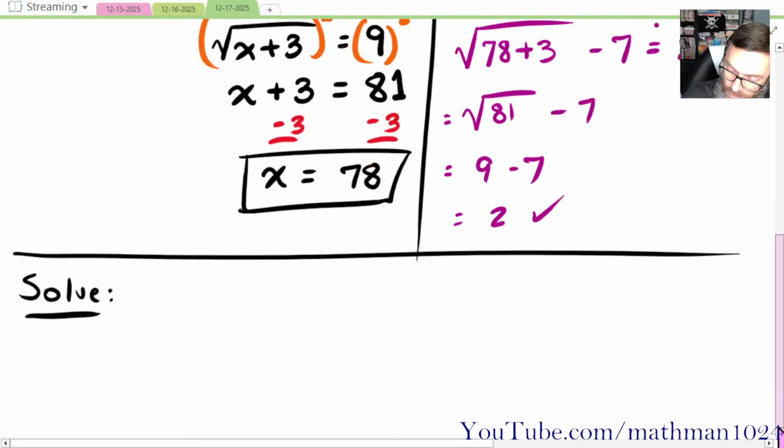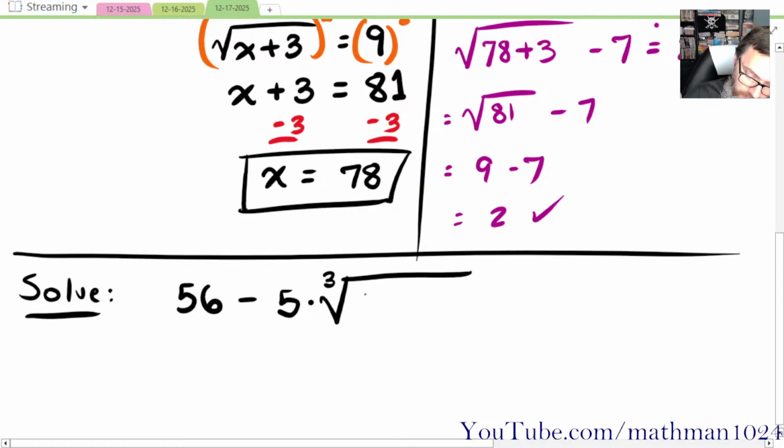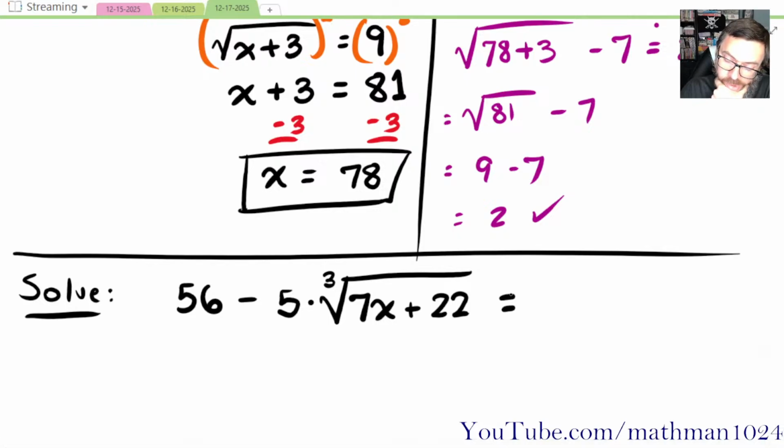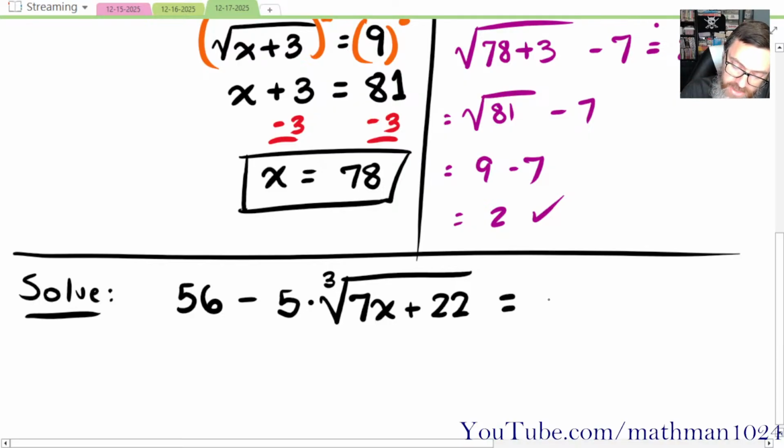So, for example, if I were to write 56 minus 5 times the cube root of 7x plus 22 is equal to... Hold on a second. Let's do 11.